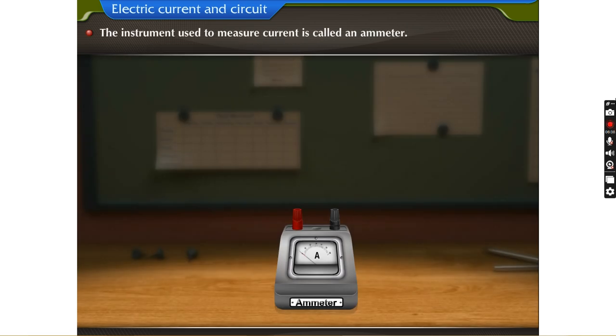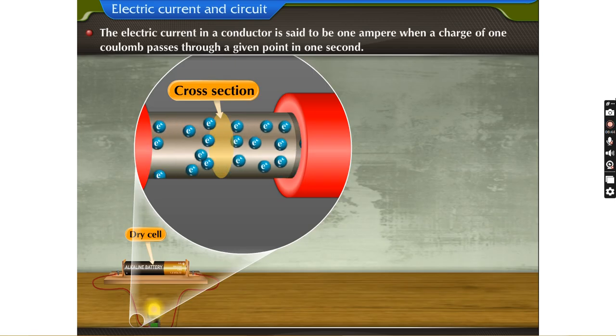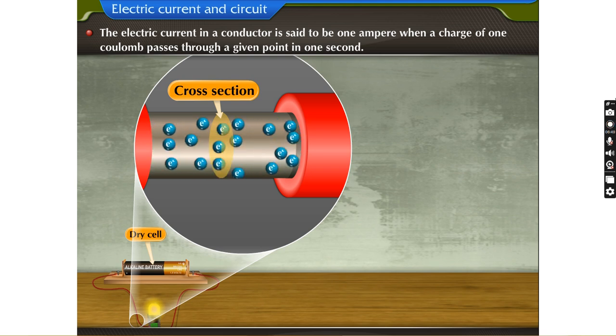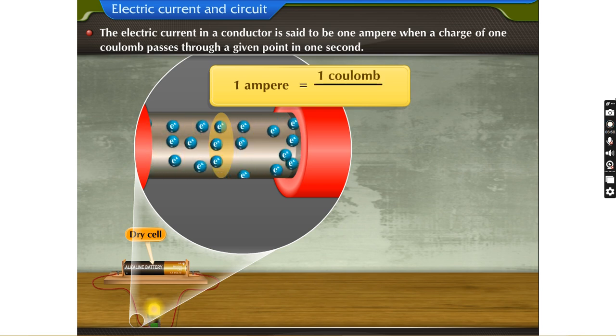The instrument used to measure current is called an ammeter. The electric current in a conductor is said to be 1 ampere when a charge of 1 coulomb passes through a given point in 1 second. That is, 1 ampere is equal to 1 coulomb upon 1 second.